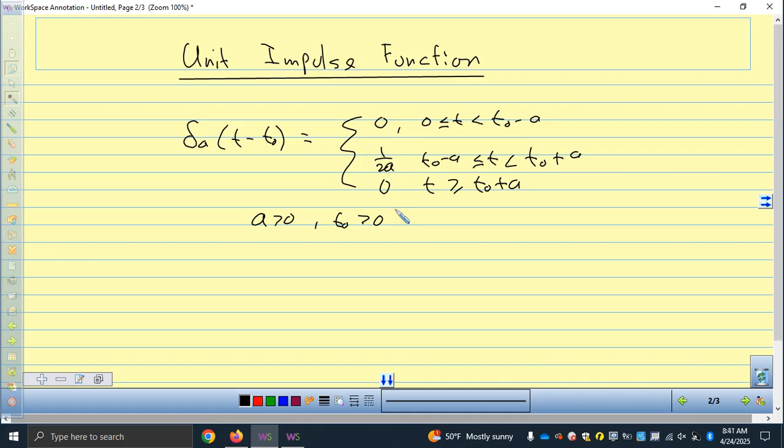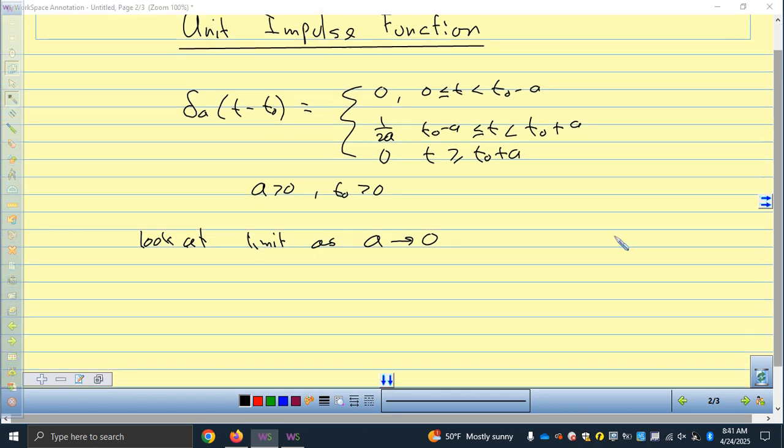And now we're going to look at the limit as a approaches 0. That gives us our Dirac delta function.